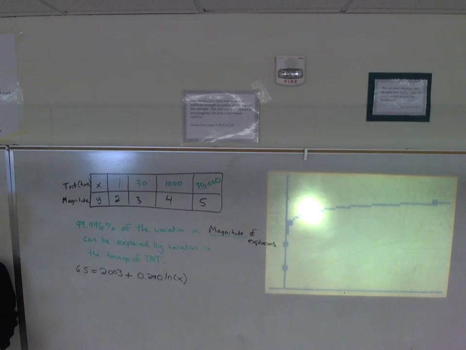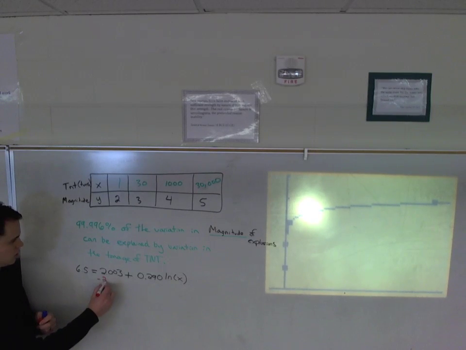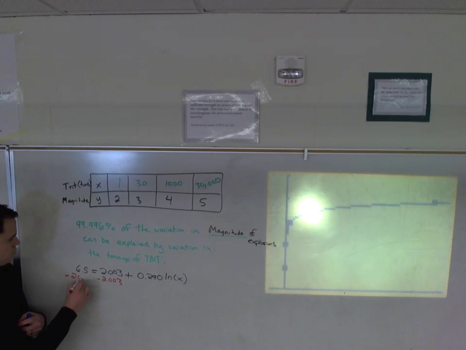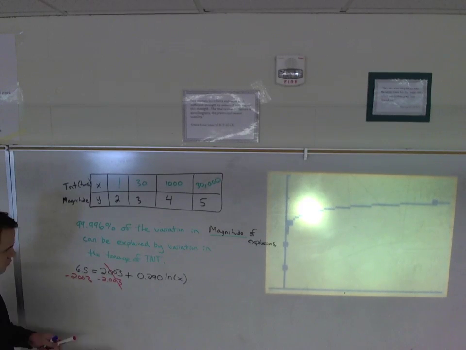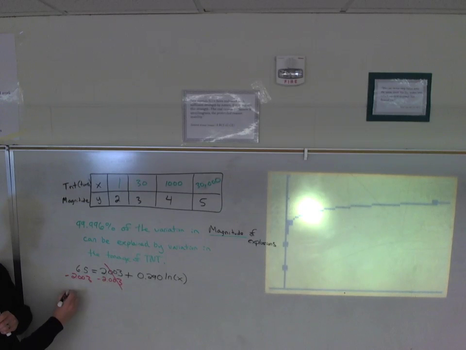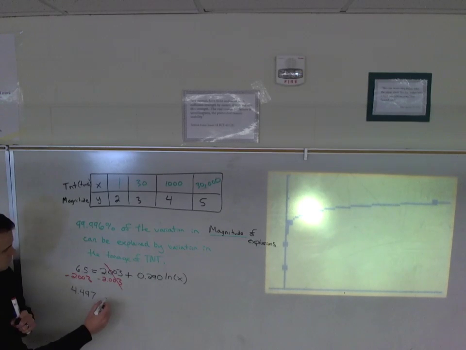So if we're solving for x, what do I do? Subtract 2.003. So we get 4 point, somebody help me. Is that right? Yeah.